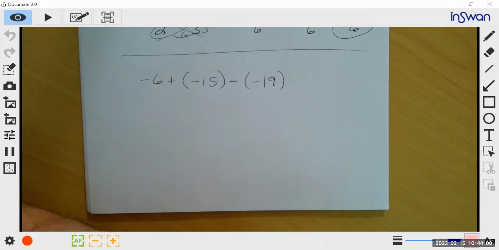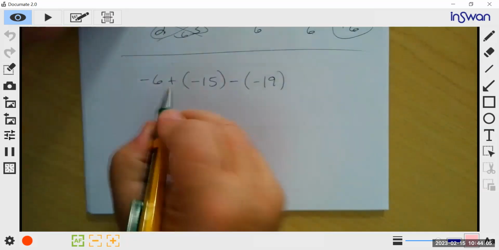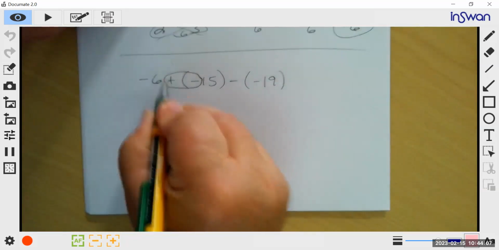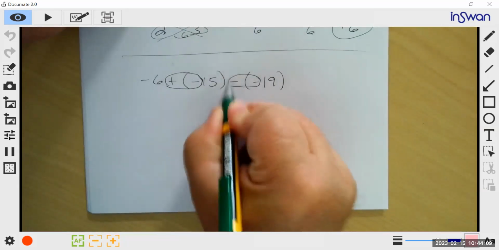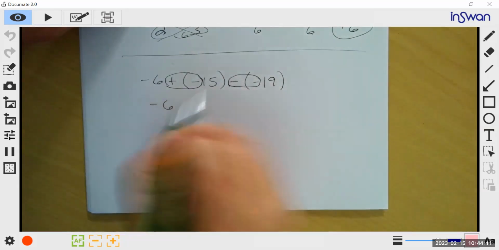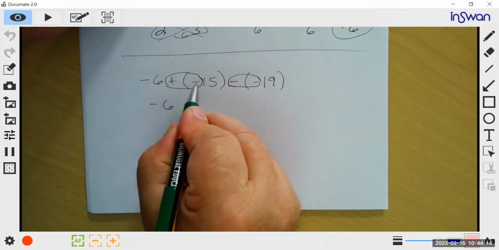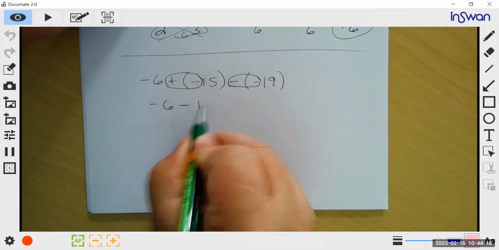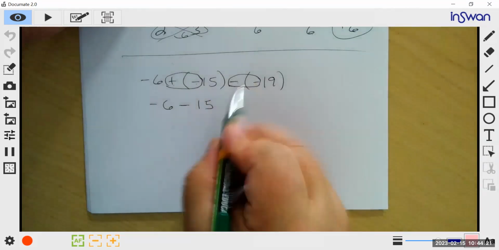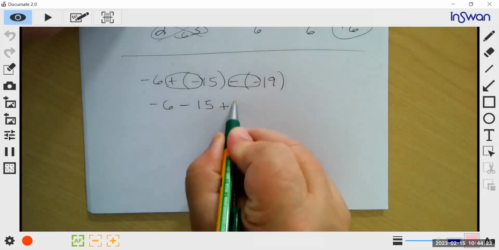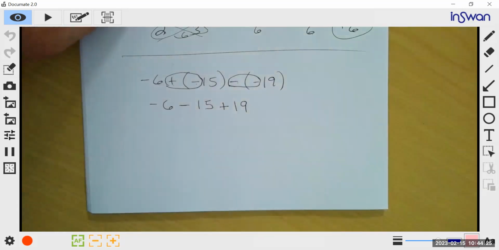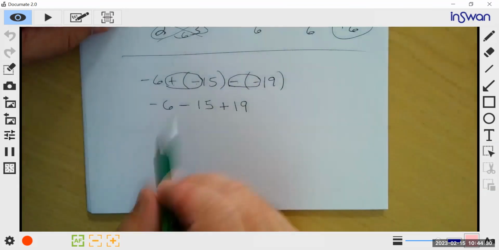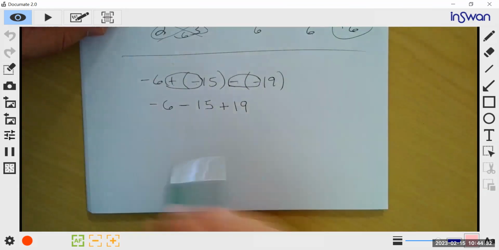Remember, you can't have 2 signs next to each other. So positive times negative becomes a what? Negative. Negative and negative becomes a... once we got rid of those parentheses and multiple signs, go left to right.